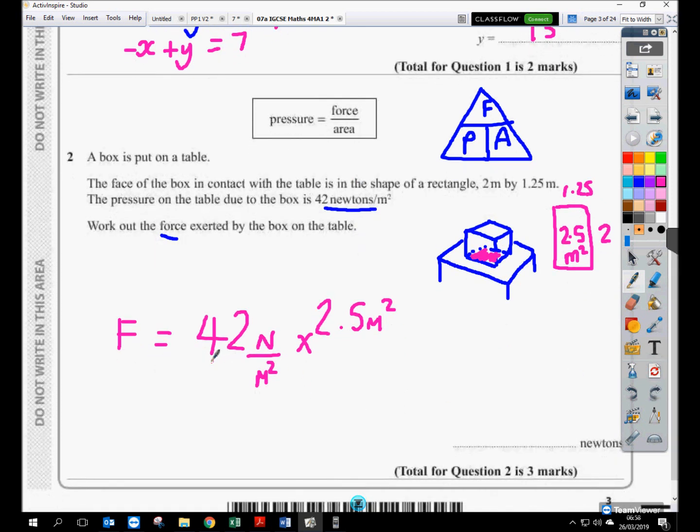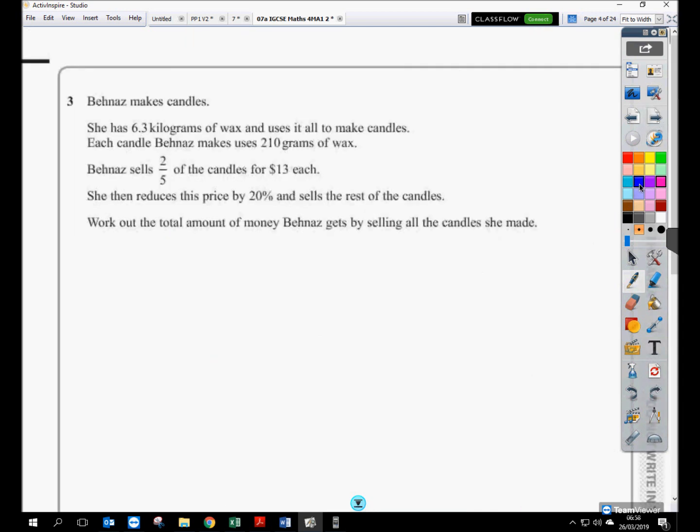Now this is fine to multiply these two numbers together because the units are consistent. One of them is newtons per meter squared, the other one is in meters squared, so that's absolutely fine. 42 times 2.5 gives you 105 newtons. That's good. Next question.